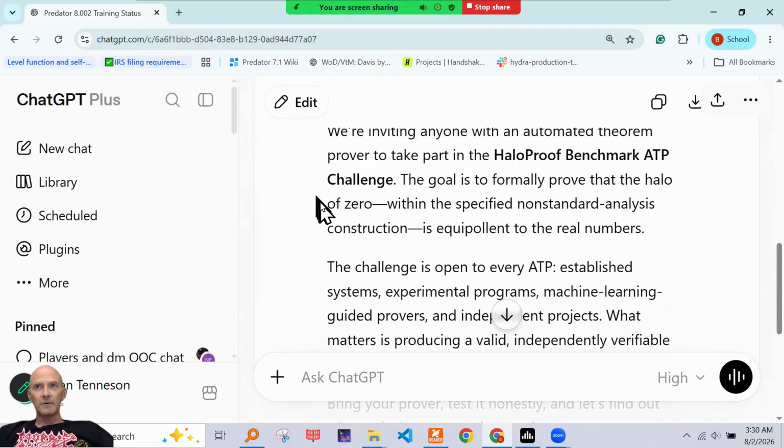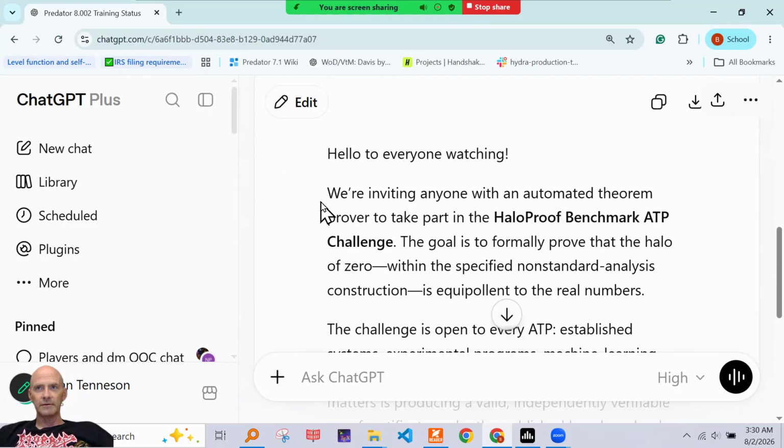So it says we are inviting anyone with an automated theorem prover to take part in the Halo Proof Benchmark ATP Challenge.